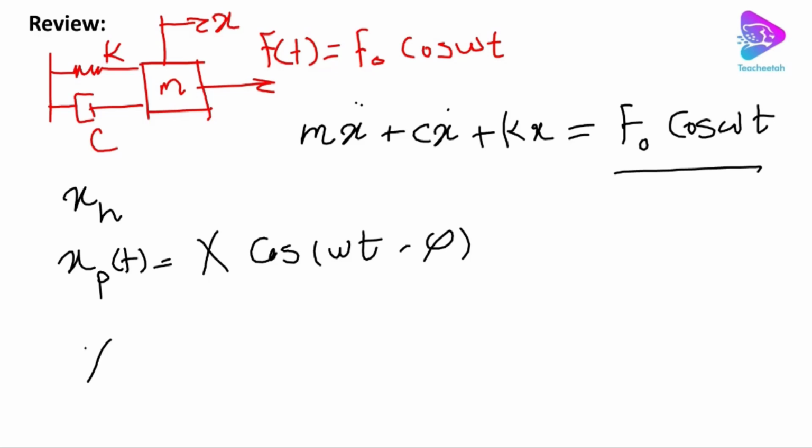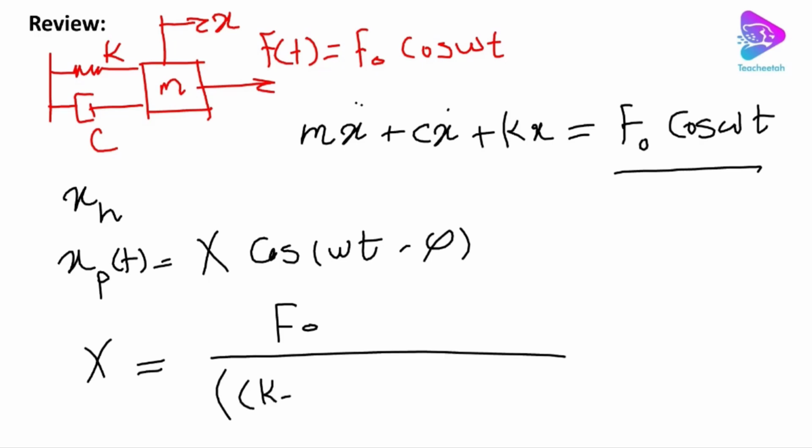As we know, X, the amplitude, is a function of the force and the other components of the system, such as mass, spring, and damping. For this case, it is equal to F naught divided by the quantity k minus m omega squared, all squared, plus c squared omega squared, all to the power of half.